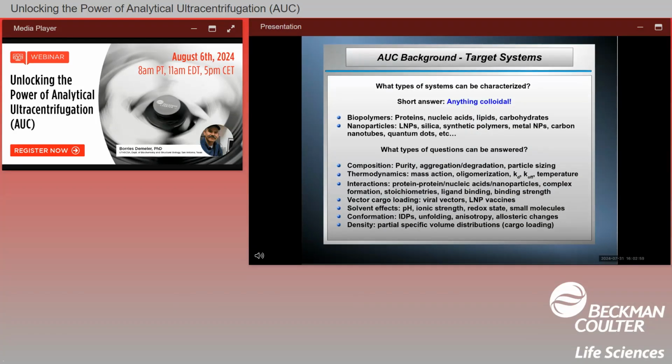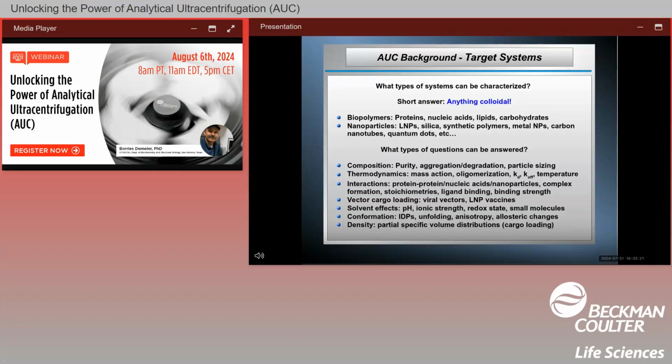So what can we then characterize with this technique? The short answer is anything that is in colloidal form. So that means being dissolved in a liquid. Among those molecules are biopolymers, proteins, nucleic acids, lipids, carbohydrates, or nanoparticles.